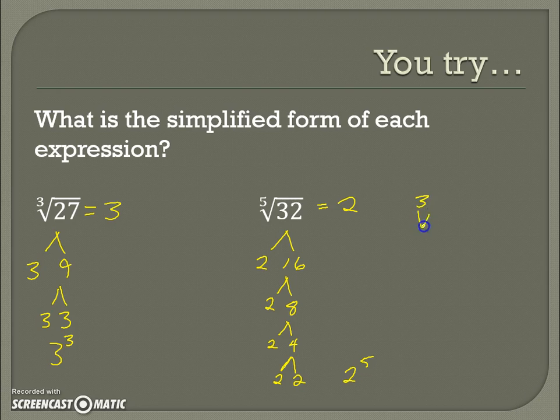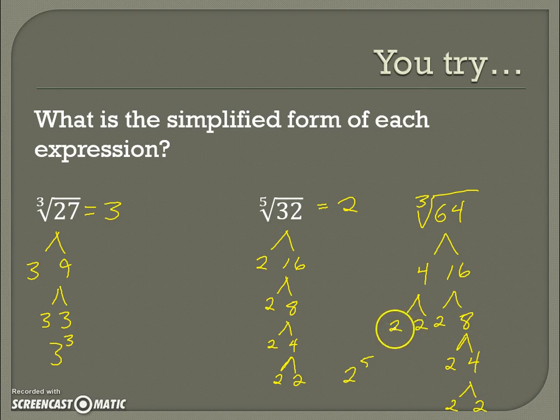In other words, like the cubic root of 64 is not a prime number. So 64 would be like 4 and then 16, and I could divide that down into 2 and 8, and this into 2 and 2, and this into 2 and 4, and that into 2 and 2. And so the prime factorization of this is going to be 1, 2, 3, 4, 5, 6 of these, 2 to the 6.